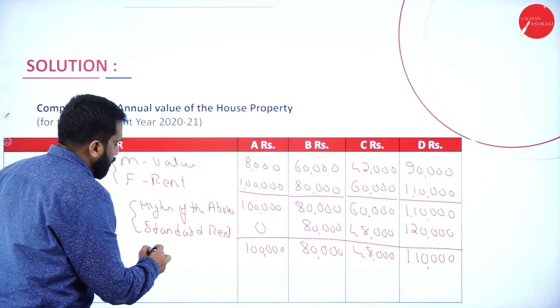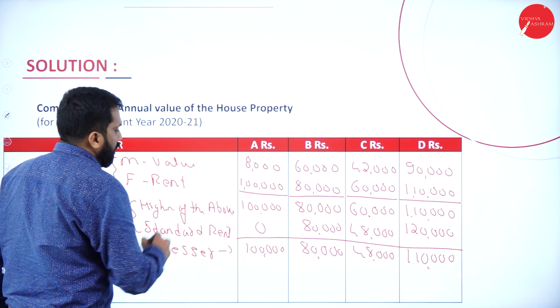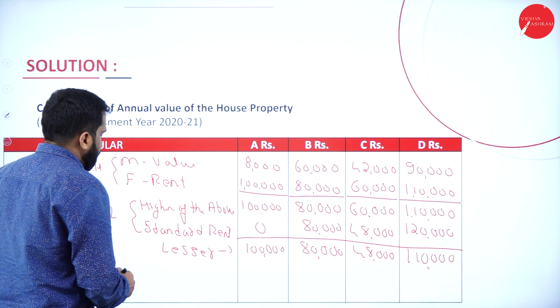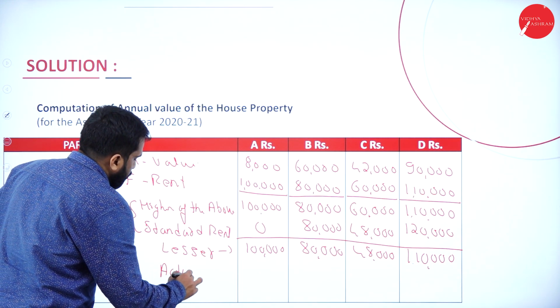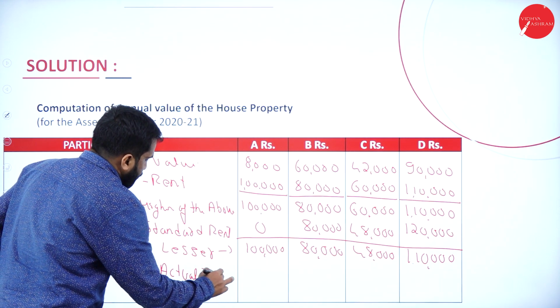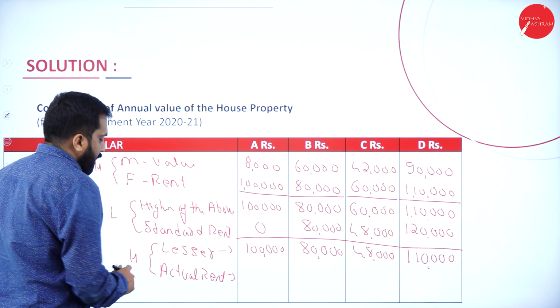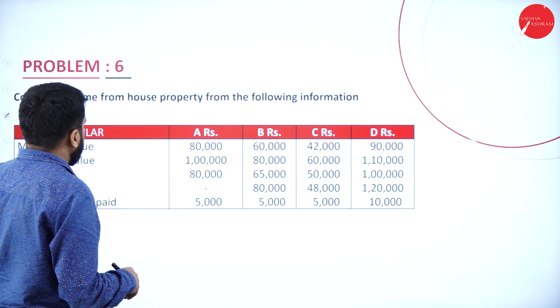No. This will be the lesser value. Now, for 1 lakh, you are supposed to calculate your actual rent. Actual rent will be the higher value. What is your actual rent?